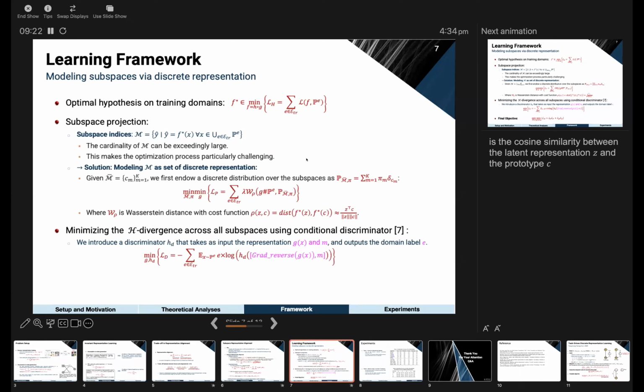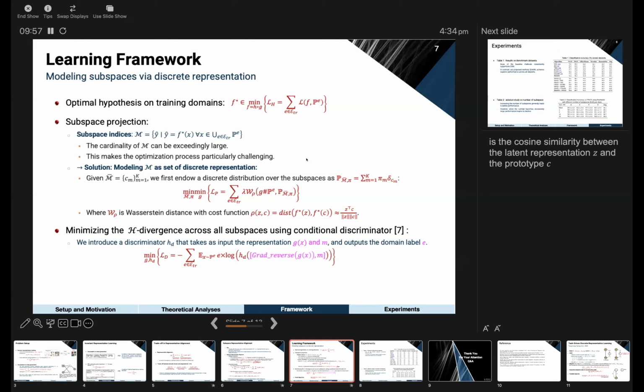In the second step, we group the samples based on the subspace index from the first step, and do alignment by minimizing the divergence between the latent distributions within each subspace. For example, here we can use a divergence based on the discriminator, for example, as in GAN.